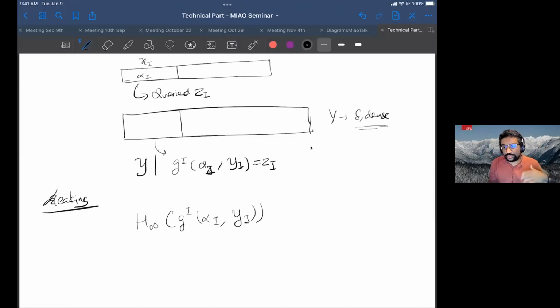Just because we didn't abort, it means that this x from which we are fixing alpha I is already some delta x minus some 0.1 tens. So x is somewhat dense, y is somewhat dense.